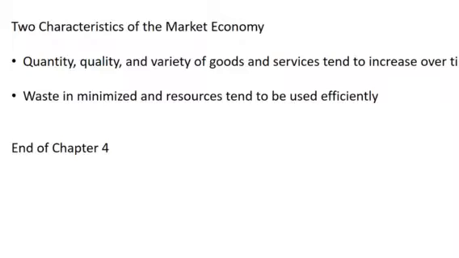And with our world economy, it's actually increasing the standard of living for other people in other countries because of trade as well. It's a pretty amazing thing when you sit back and think about it. And then, of course, waste is minimized and resources tend to be used more efficiently in a market economy.